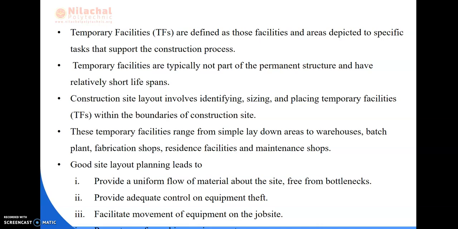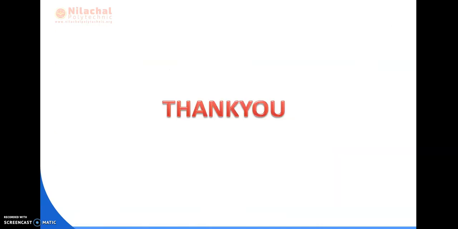Next, good site layout planning provides a uniform flow of material and adequate control on equipment, and facilitates the movement of equipment on the job site. Next one is to promote a safe working environment. So these are all about the preparation of the job layout, and this is all about this chapter.